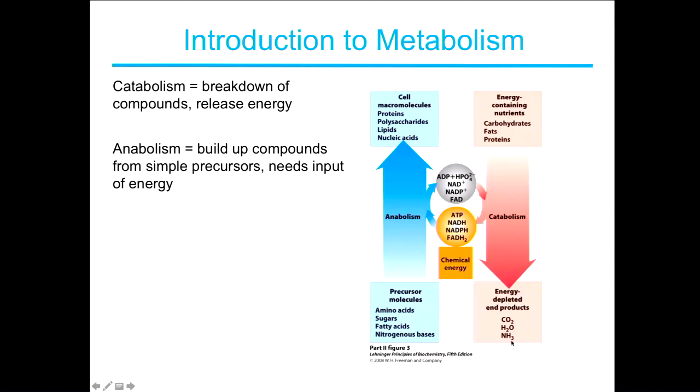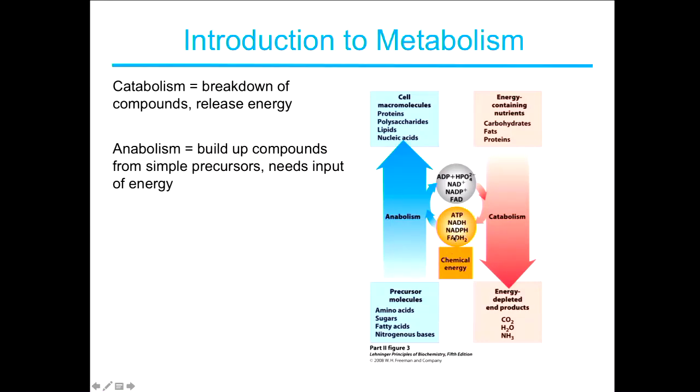In that process, in our metabolism, we capture some of the chemical energy in these molecules over here. So ATP, NADH, NADPH, FADH2. We'll talk about what these are and how they work in this set of lectures. Okay, so we capture that chemical energy.